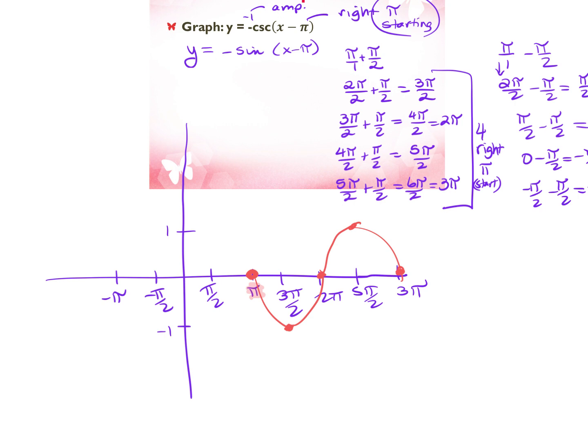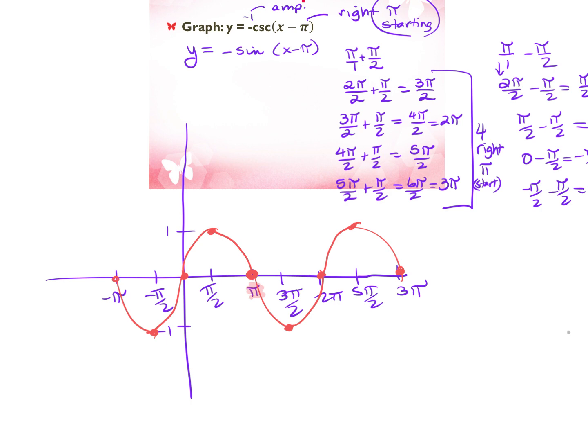So at pi over 2, I'm now up here. And this one has a stopping point on 0. So down here, and then back to the same level. Notice I started on the x-axis at pi, and I ended my cycle on the x-axis. So let's add in our little viewing window here.